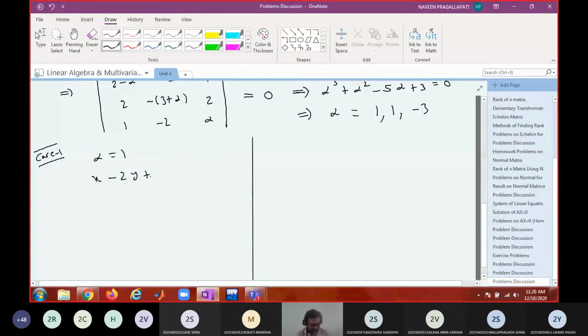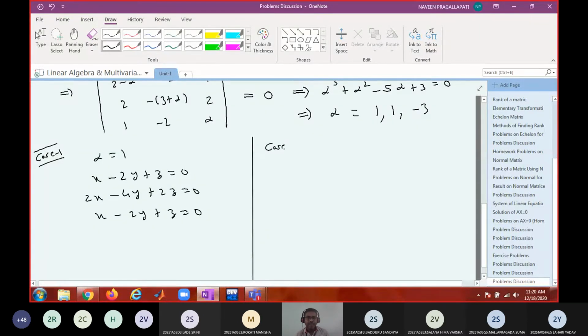What is the next equation? 2x minus 4y plus 2z equal to 0. x minus 2y plus z equal to 0. That is one system of linear equations.